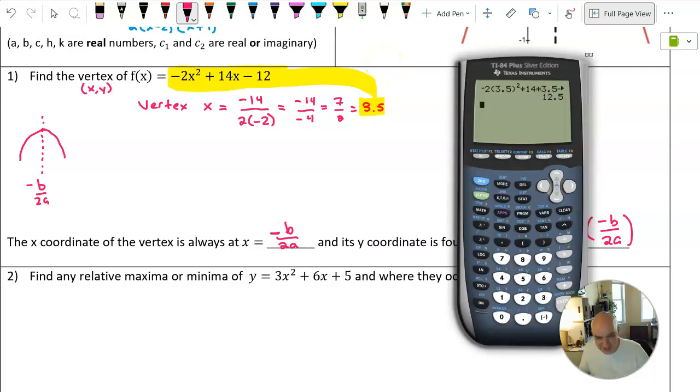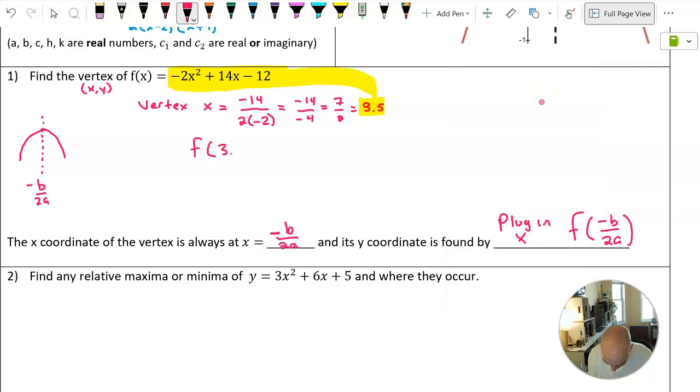All right, I just plugged it in because there were some decimals, and the calculator says that the y-coordinate is 12.5. So f of 3.5 is 12.5. We just got that by plugging in. So the vertex is going to lie at 3.5 and 12.5. That's it.